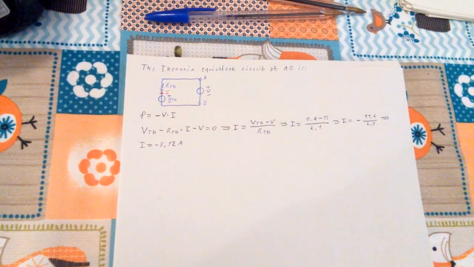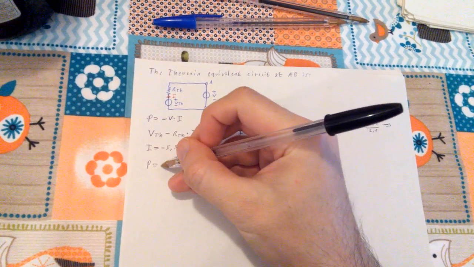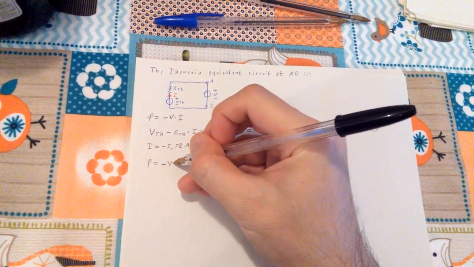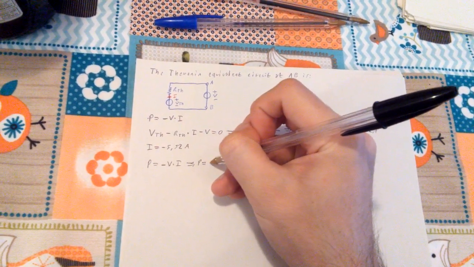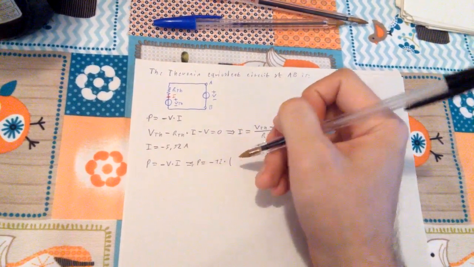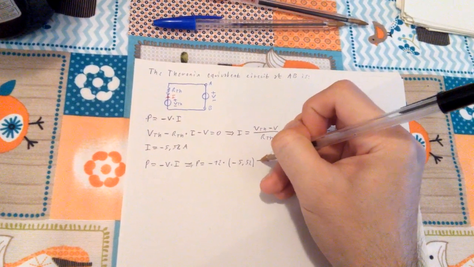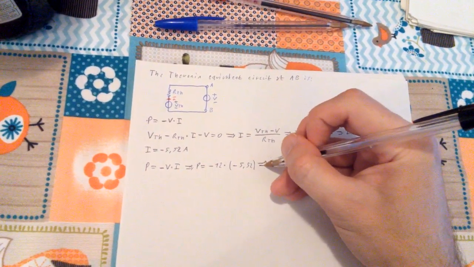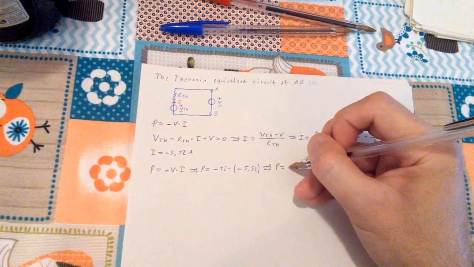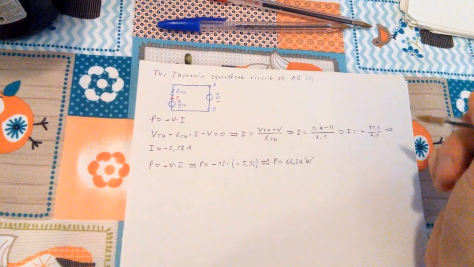So now that I found I, I can find P. P is negative V times I. So P will be negative 12 times negative 5.52, which we have just found, amperes. So P is actually 66.24 watts.